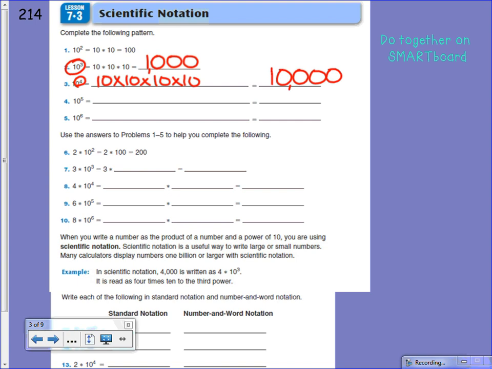Okay, so 10 to the 5th means what in standard notation? Somebody who hasn't raised their hand. I've seen all the same people. I think I know who's feeling pretty good about scientific notation.